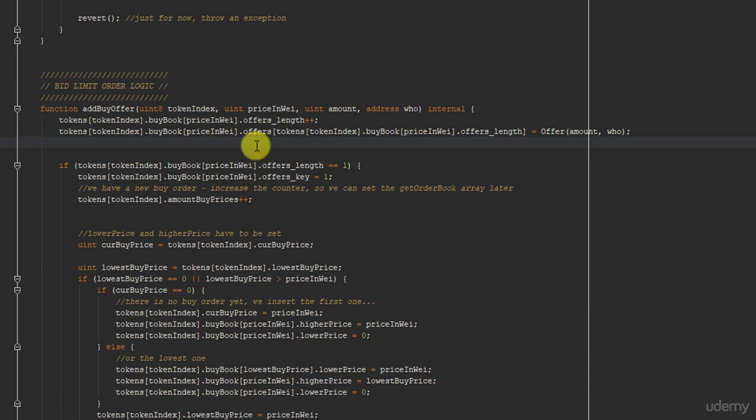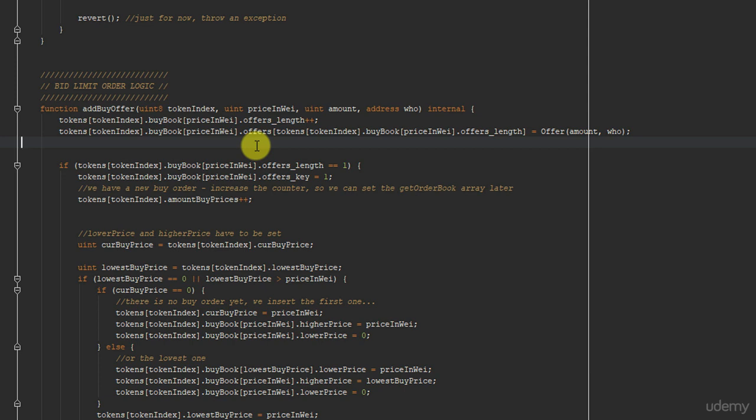So we just have to adjust the lowest offer's lower price and set it to our price. Then we have the highest buy offer. Then we just have to take the last price and set the higher price from the last price to our price. And if we are somewhere in between, we have to find the right spot and adjust those values.